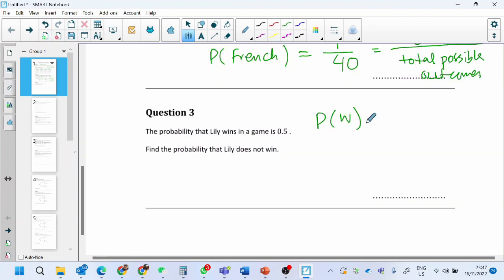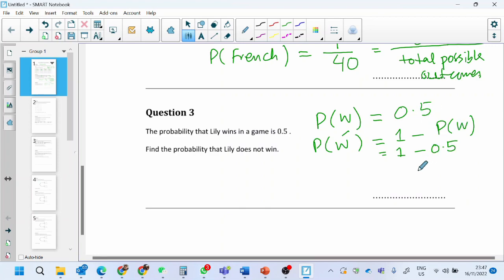The probability that Lily wins is 0.5, and we have to find the probability that she does not win. The probability of not winning is 1 minus the probability of winning, because Lily can either win the game or not win the game. So 1 minus 0.5 gives us 0.5. If Lily has a 50% chance of winning, then she has a 50% chance of losing.